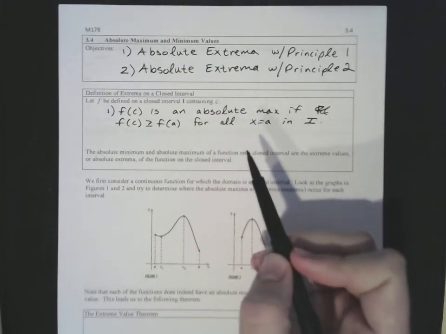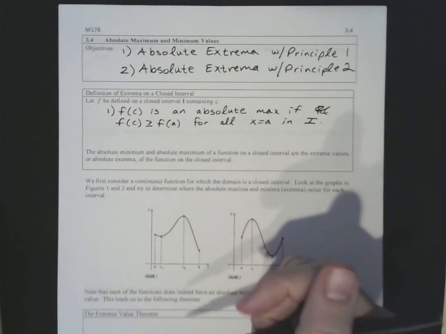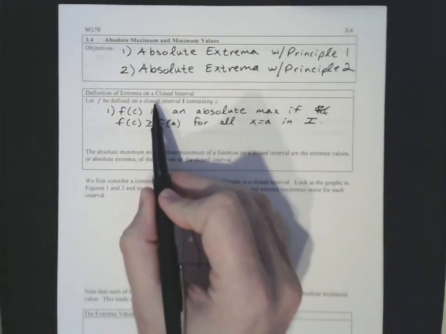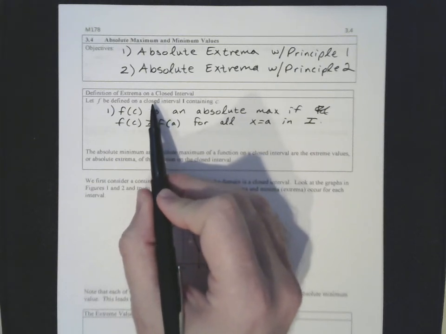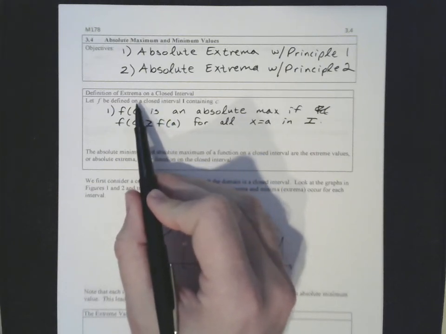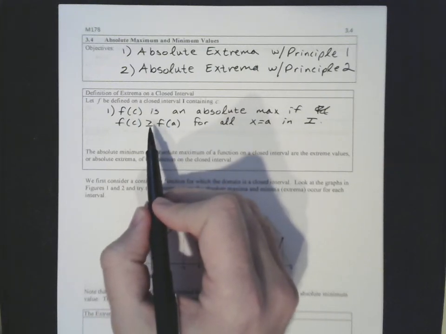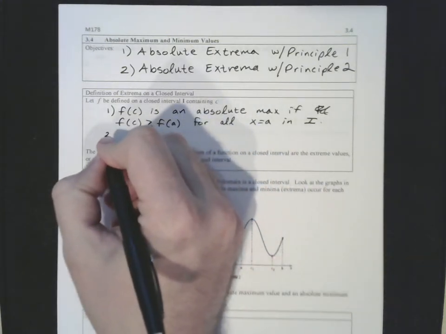Now, there's no difference between this definition and what we saw in previous sections. The difference is our interval is closed. For local extrema, local maxes, local mins, we were looking at open intervals. Now we're looking at closed intervals, so keep that in mind as we move through.